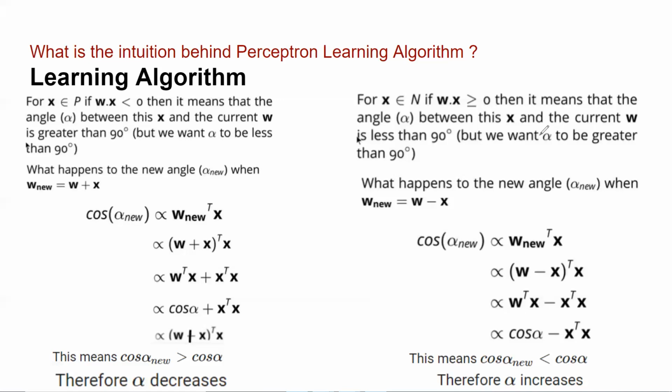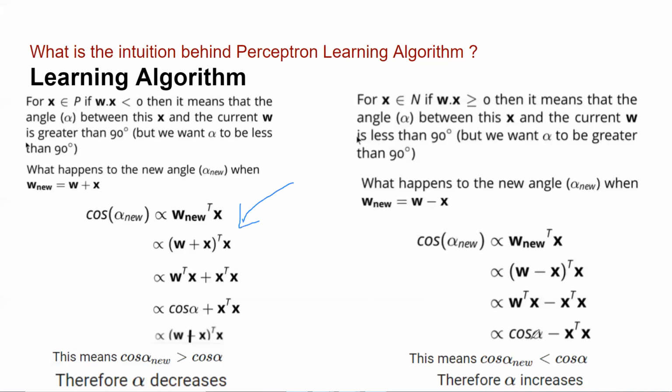So in that case, you need to increase the value of alpha. You have to move from the acute angle side to the obtuse angle side. For doing that, we update w by subtraction of w and x. This is just the reverse concept of this.